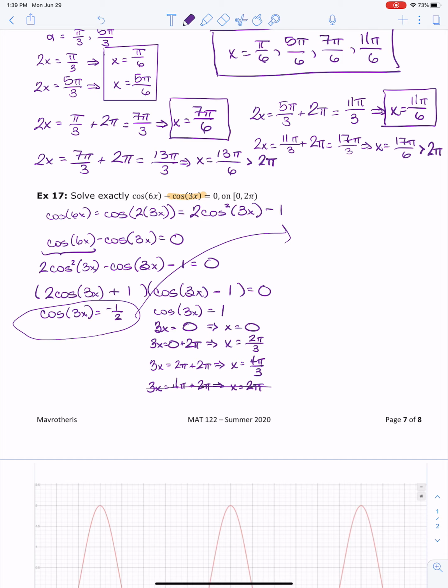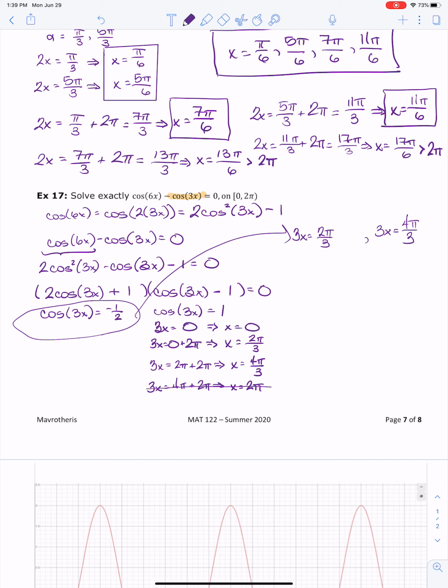So where is cosine negative 1/2? Cosine is negative 1/2 at 2 pi over 3, and cosine is negative 1/2 at 4 pi over 3. The 2 pi over 3 is in the second quadrant.